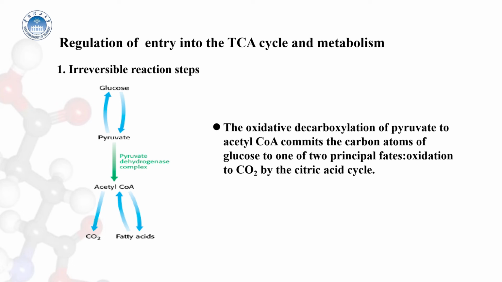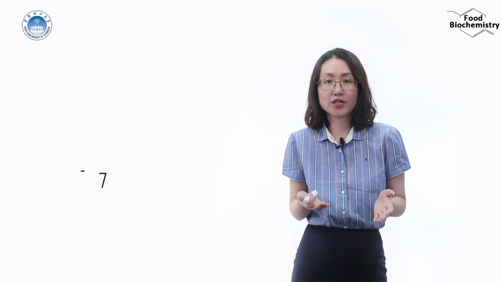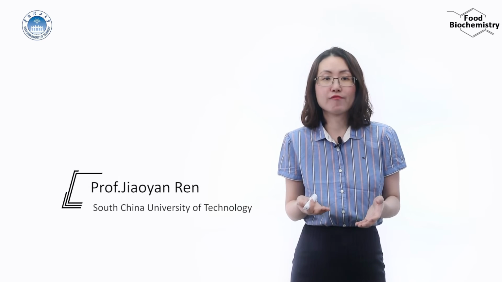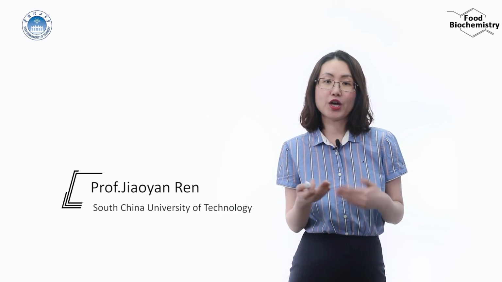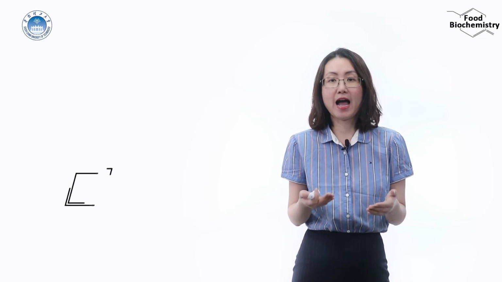The oxidative decarboxylation of pyruvate to acetyl-CoA commits the carbon atoms of glucose to oxidation to CO2 by the citric acid cycle or incorporation into lipid. High concentrations of NADH and acetyl-CoA inform the enzyme that the energy needs of the cell have been met.